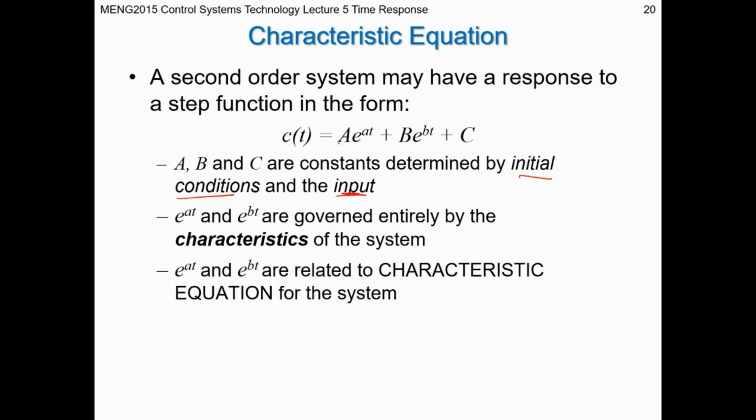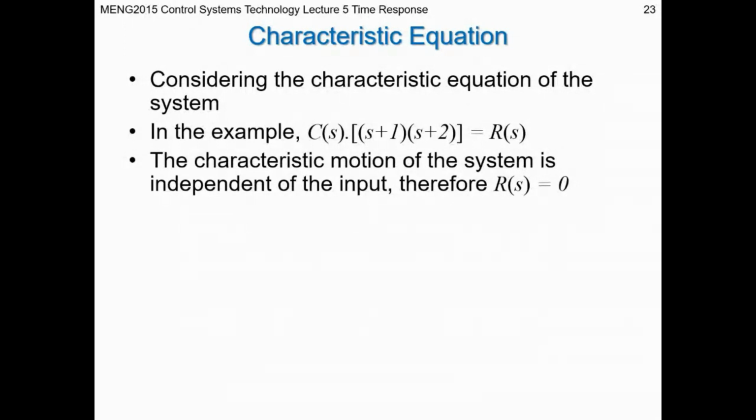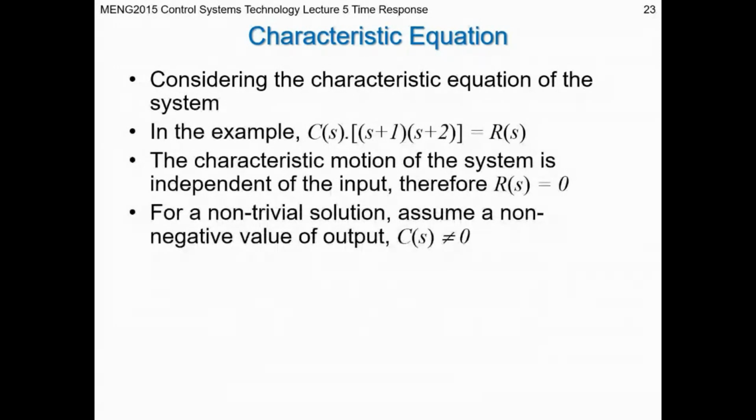So if your A, B, and C are determined by initial conditions and input, the characteristics of the system are not determined by the input. The characteristics of the system are determined by its characteristics, right? So we can set our input R to 0, because we said that the characteristic of the system is independent, so if we set it to 0, it's of no consequence to us.